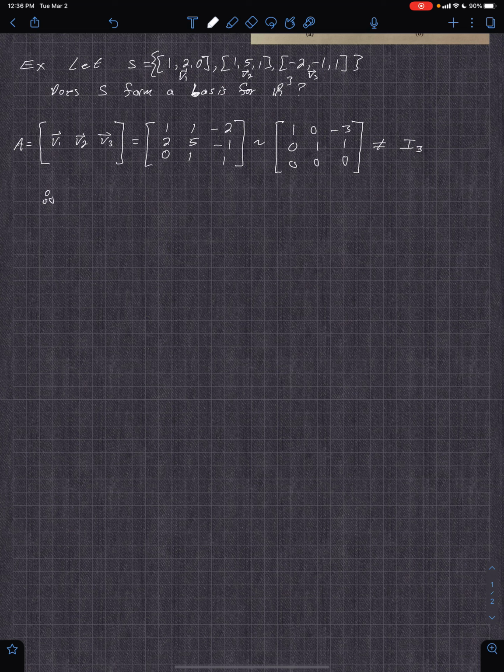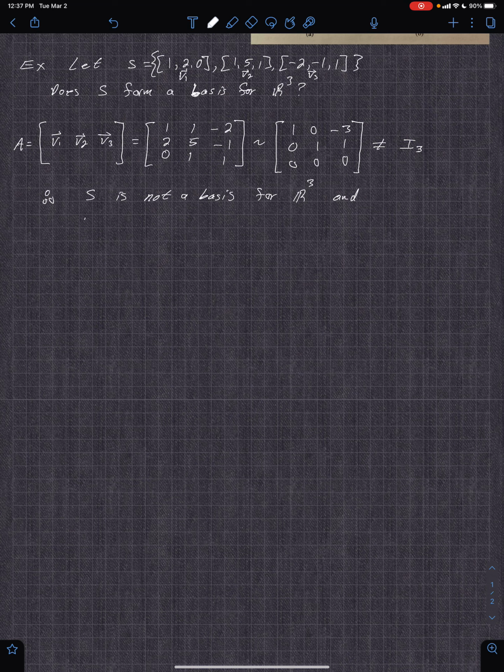So therefore, S is not a basis, did it again, bases, is not a basis for R3, and we say that those vectors then are linearly dependent.